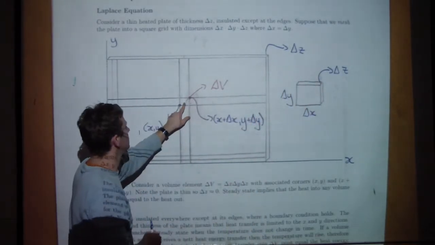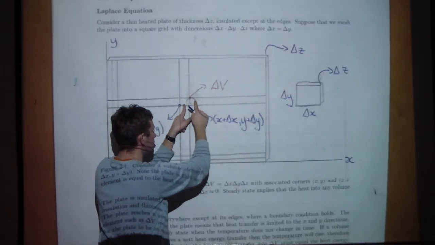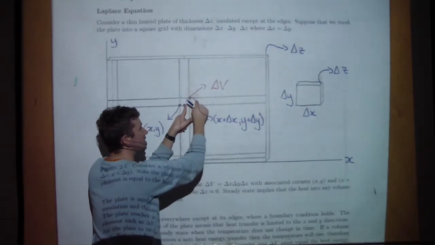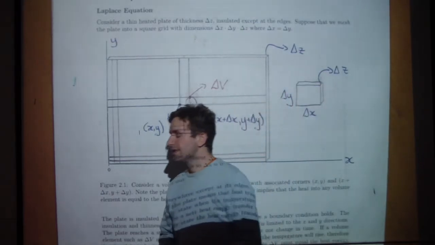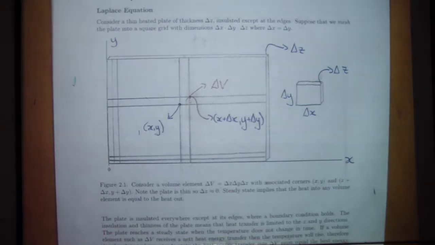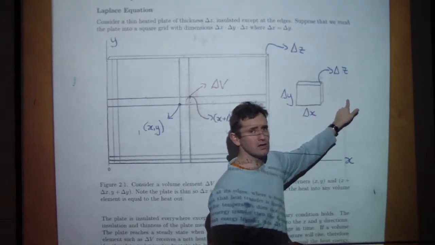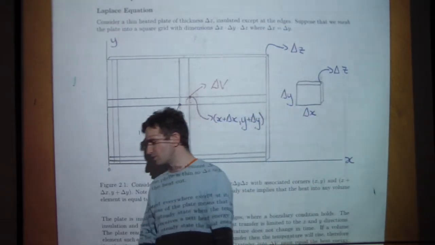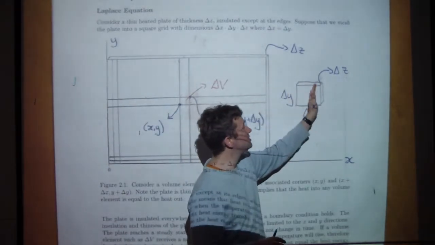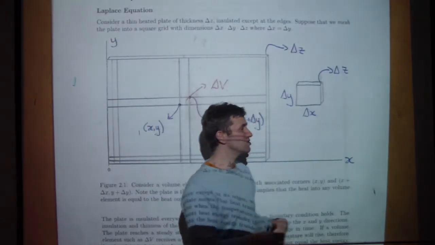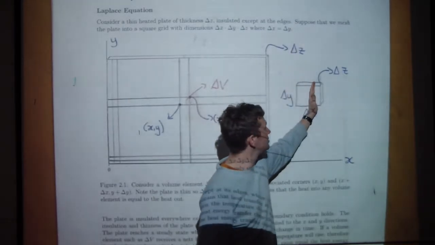But at the same time, because this is medium temperature and this is low temperature, you're going to have heat flow from the volume element out. So you're going to have heat in and heat out. While more heat is flowing in than out, the heat energy is going to go up and the temperature is going to keep rising, but eventually you're going to reach a point where the heat energy in is equal to the heat energy out. So say every second you've got 10 joules coming in, 10 joules coming out.